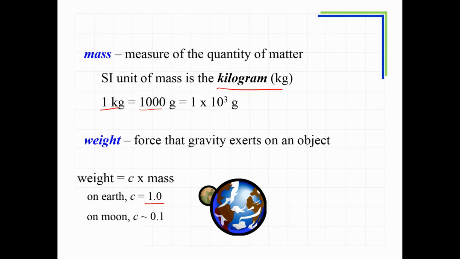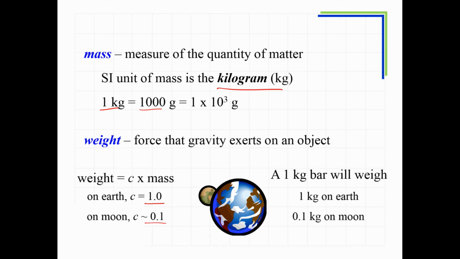So on the moon it's about a tenth of what it is here, so you would weigh about a tenth of what you weigh here on the Earth. You're not getting skinnier, you're not getting less mass, but you are weighing less. So a kilogram bar is a kilogram bar in terms of mass, whether you're here on planet Earth or on the moon. But if you go to the moon, it would weigh a tenth.